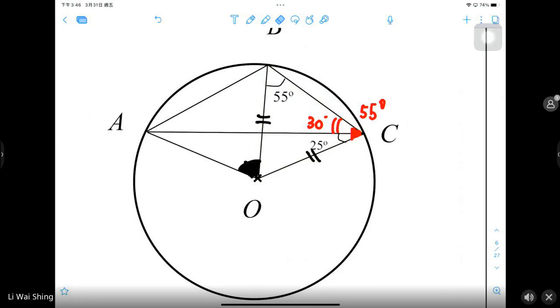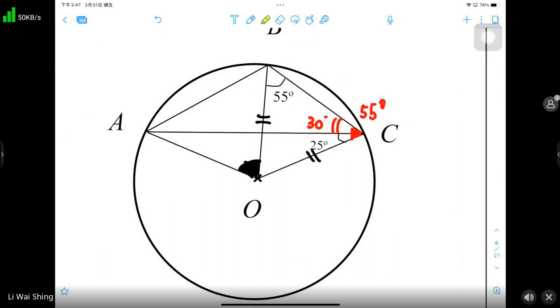For 30 degree, where is the starting point? Here. From this starting point toward the center, they have the same starting point. To the circumference, the starting point to the center relation. Angles at center twice angle at circumference.